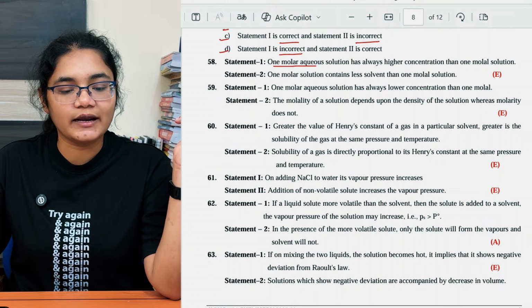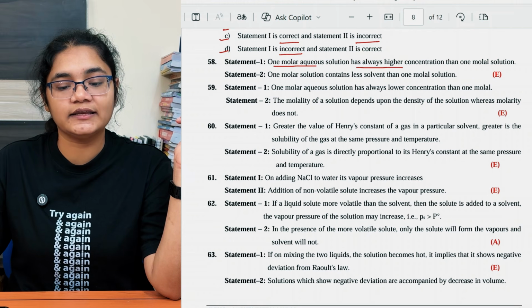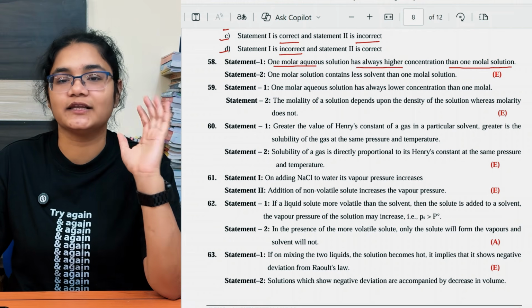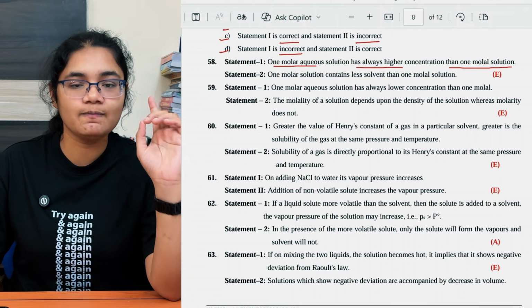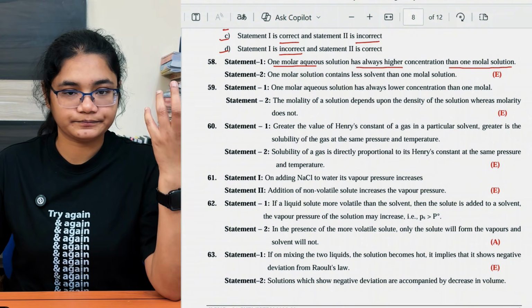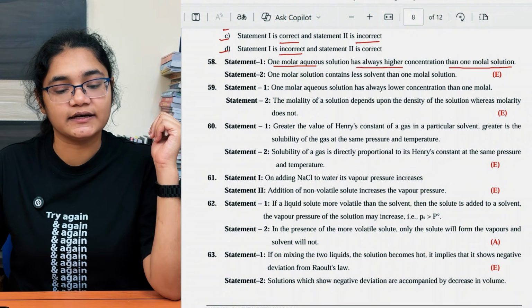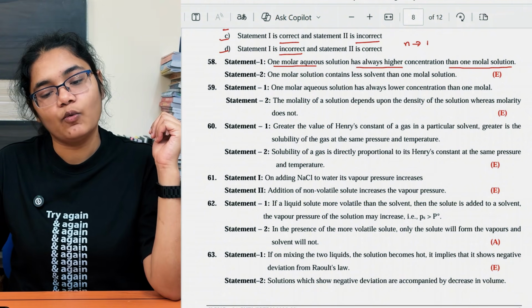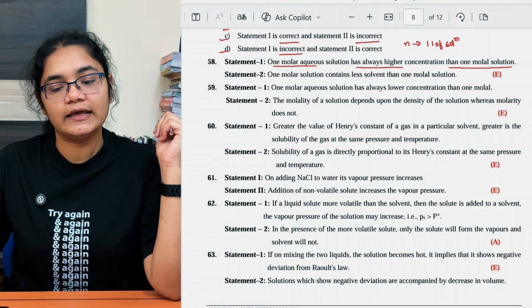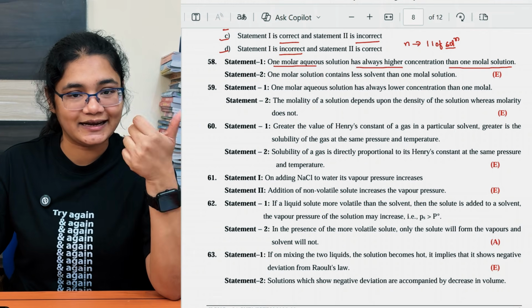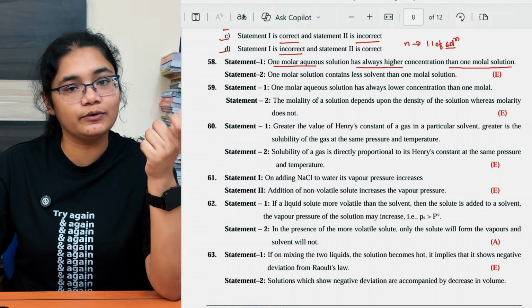See, 1 molal aqueous solution has always higher concentration than 1 molar solution. Now this statement is very, very important, and it is correct. When you have 1 molar, what is it? Number of moles in 1 liter of solution, right? Here this 1 liter of solution contains both the volume of the solute and the solvent.